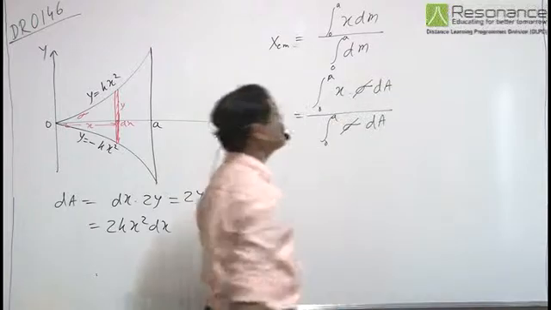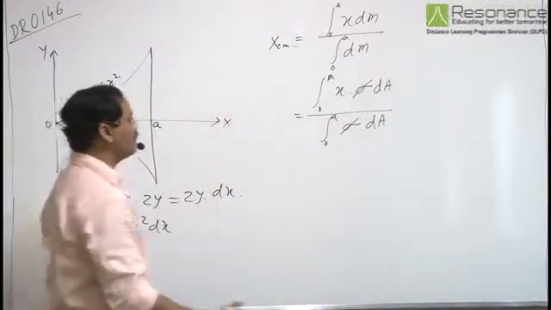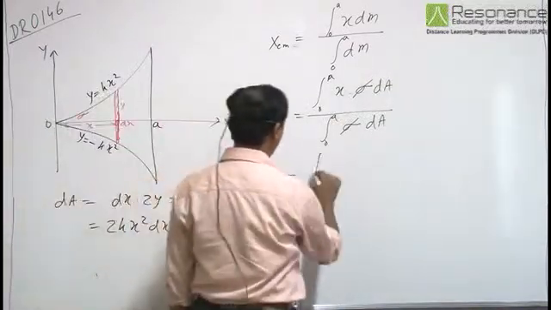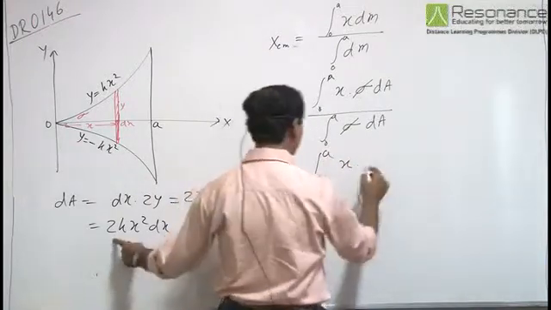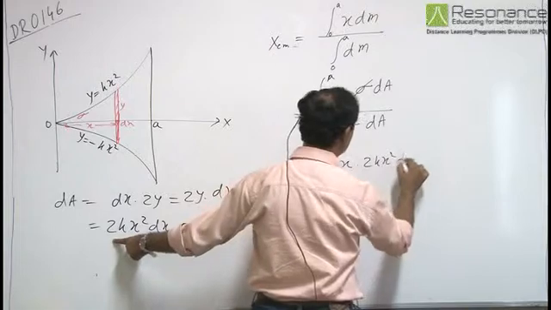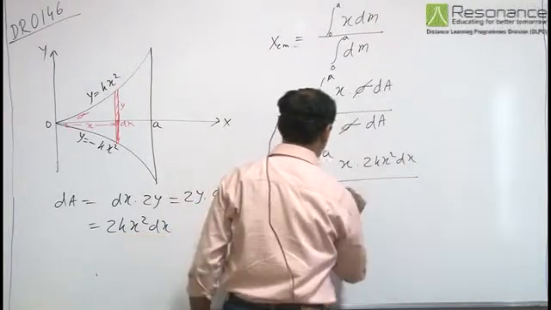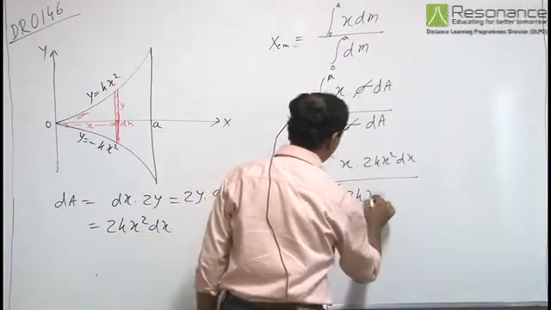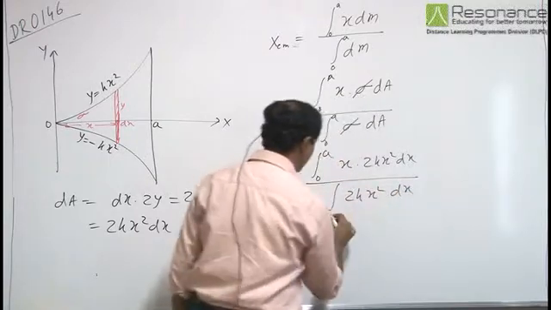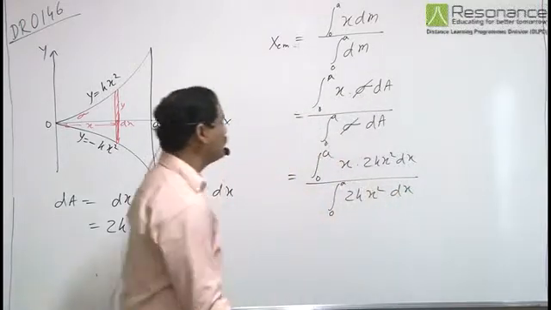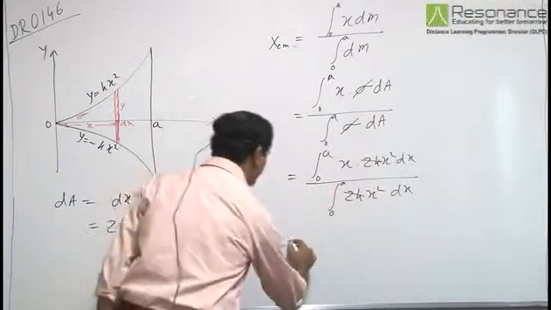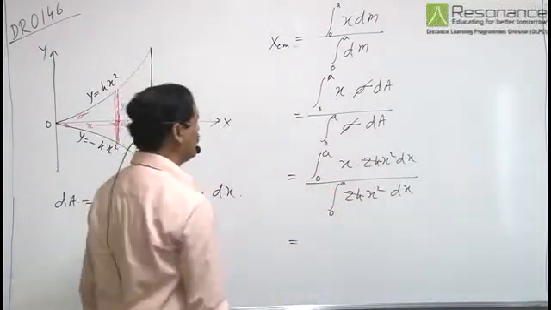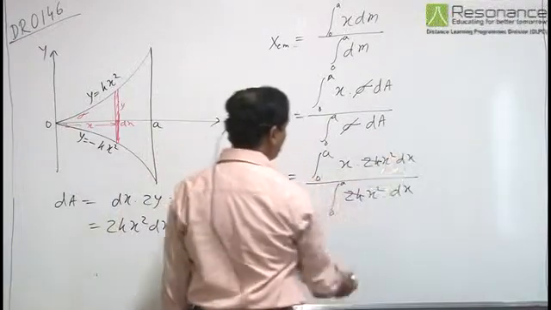As sigma is constant, it cancels out. Now if I put the value of dA, it is integration of x into 2kx square dx by integration of 2kx square dx, with limits from 0 to a. 2k is also common and constant, so that also cancels. So it is integration x cube dx.